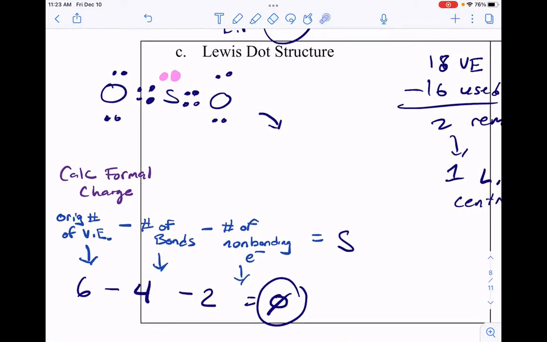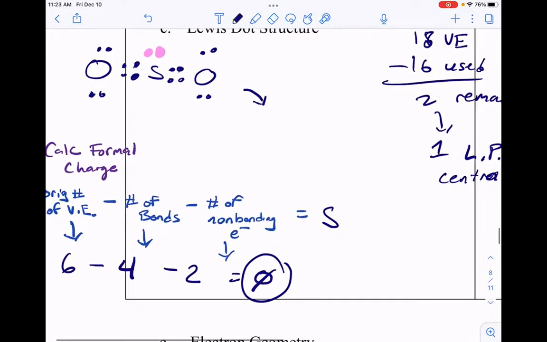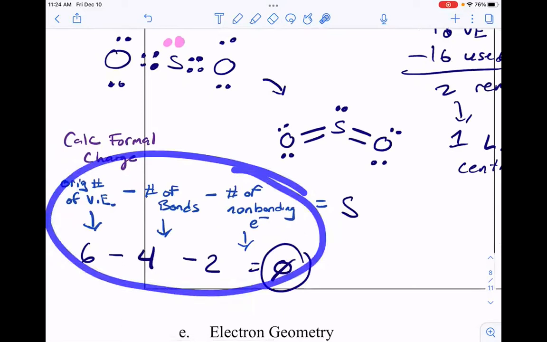Okay. And so this tells you that this is the correct Lewis dot structure for this molecule. And you will not know that you have 2 double bonds without calculating formal charges.